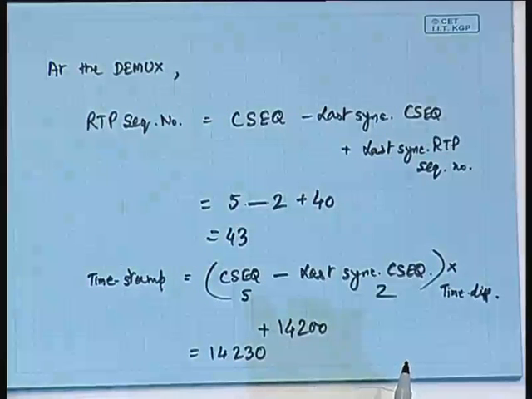Now, one point which should be noted is that initially, of course, the demultiplexer will not have this information. So, at the start of the session, the first few packets have to be sent in the fully uncompressed header type. So, the first few packets will have uncompressed mini headers.